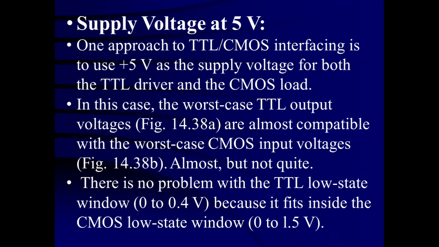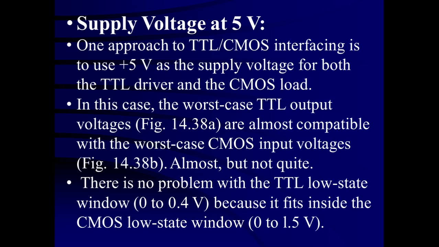So, we have to see the output profile of the TTL and the input profile of the CMOS. Are they compatible for the low state as well as for the high state or not? And if not, how can we make them compatible? That we have to learn here. For the TTL, there is no option; it can work only on 5 volt.